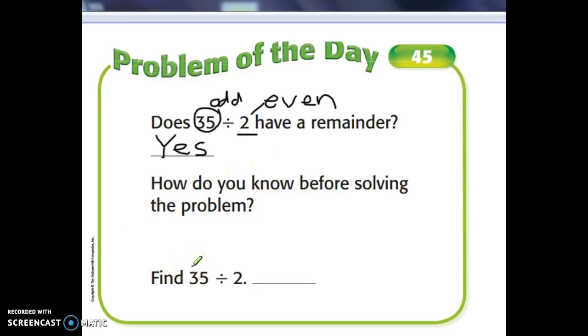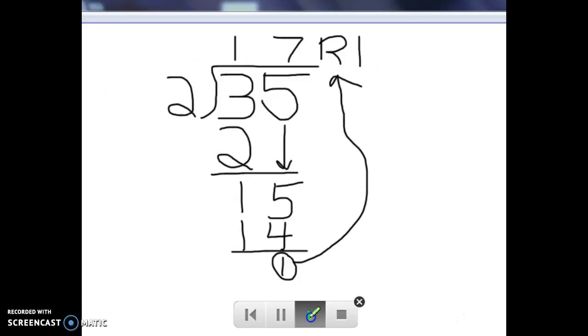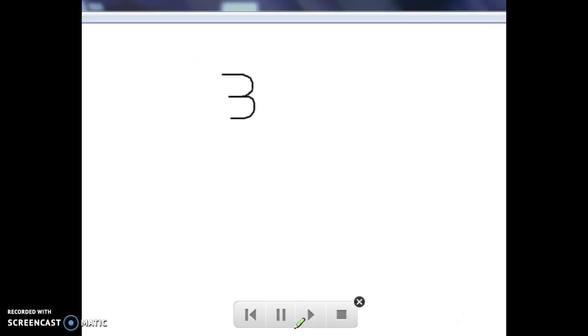Now that you know that the problem 35 divided by 2 will have a remainder, let's go ahead and solve. How would you solve the problem? Alright, so you're going to rewrite the problem, 35 divided by 2. Your first step is, how many times does 2 go into 3? 1 time.